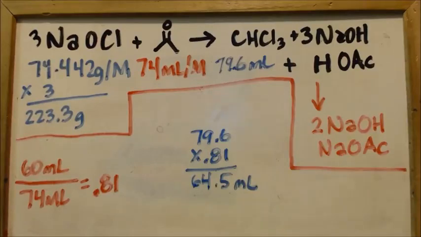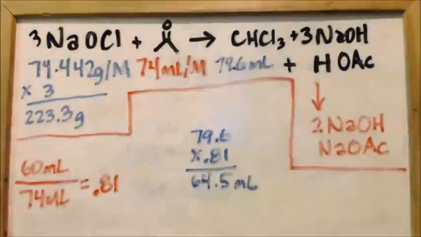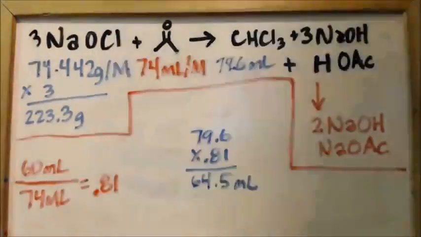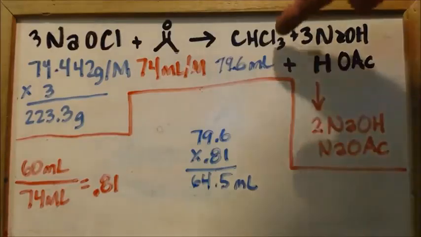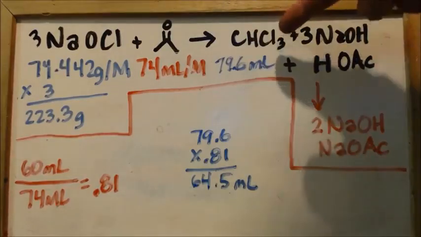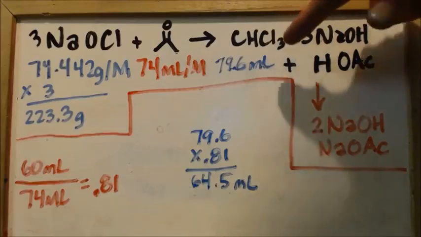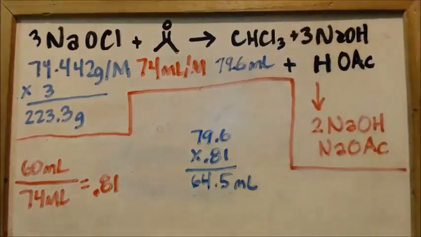It's a yellow precip, and that's how you test for methyl ketones or alcohols that can be oxidized into methyl ketones. You add this in, and instead of making chloroform, it makes iodoform, or whatever it's called. The 3 chlorines would be 3 iodines, and they precip out into this yellow precip. And you're like, oh, well, that must be a methyl ketone.